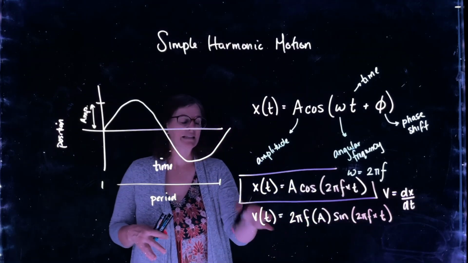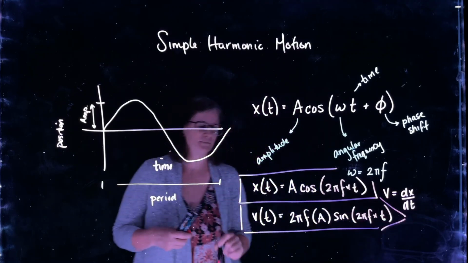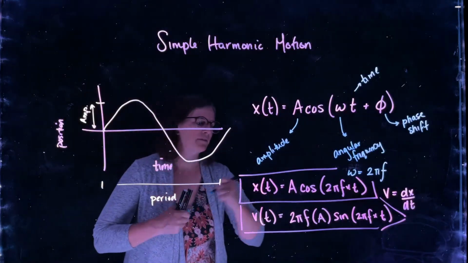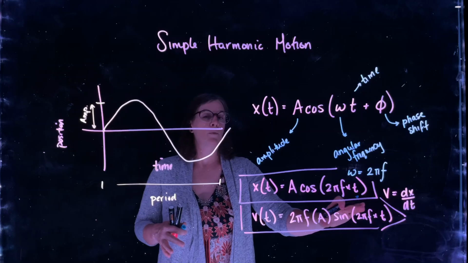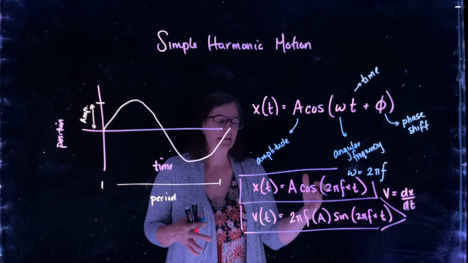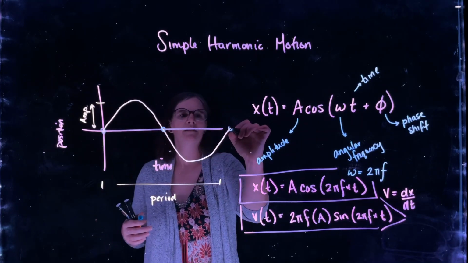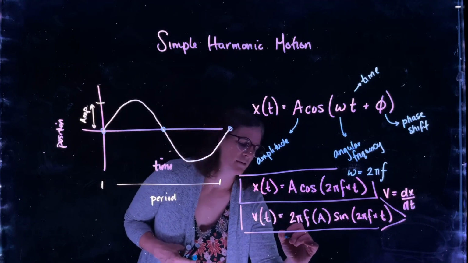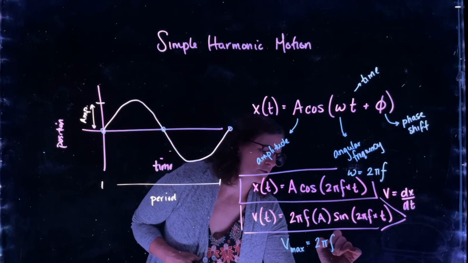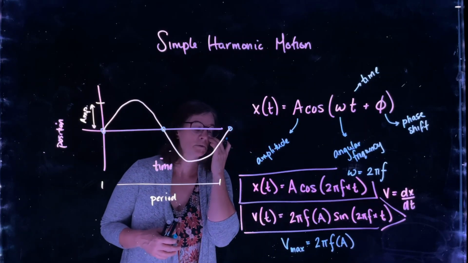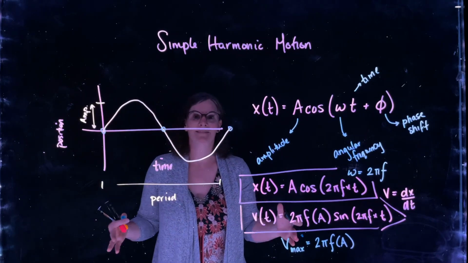What does this tell us? This tells us that the velocity is also periodic, and it also gives us some information, because at a point where I am at a peak velocity, my highest slope, the maximum velocity in my periodic motion, when the sine is equal to 1, is equal to 2 times pi times the frequency times the amplitude.